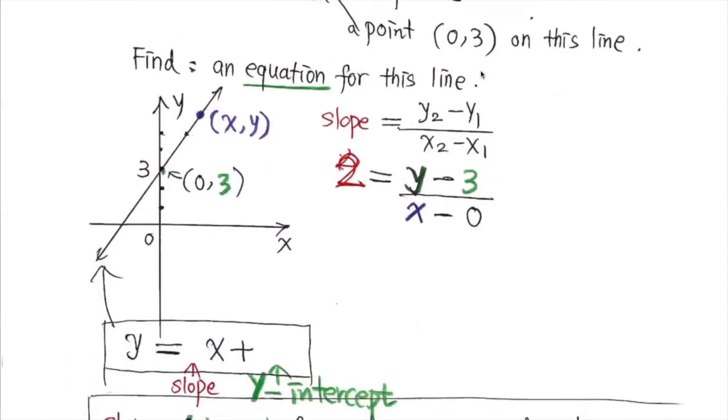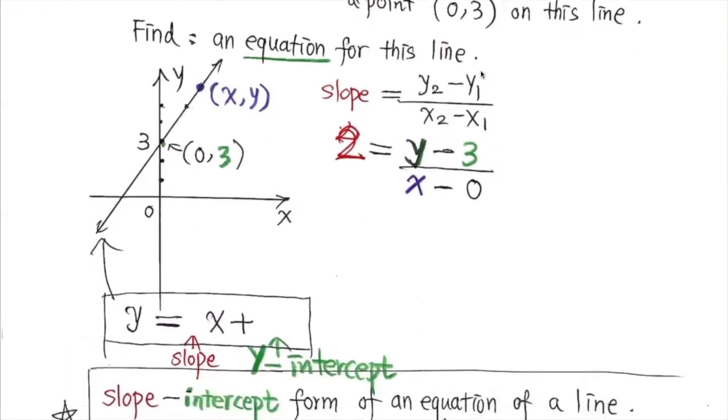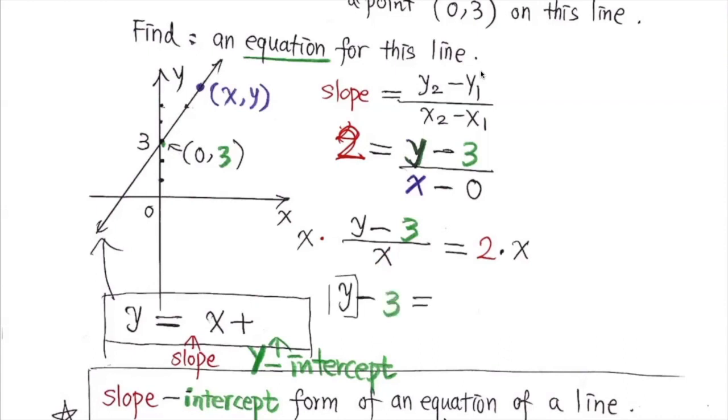Now we're going to multiply by x on both sides. Then this x is going to cancel out with this x, leaving you with y minus 3 on the left side.